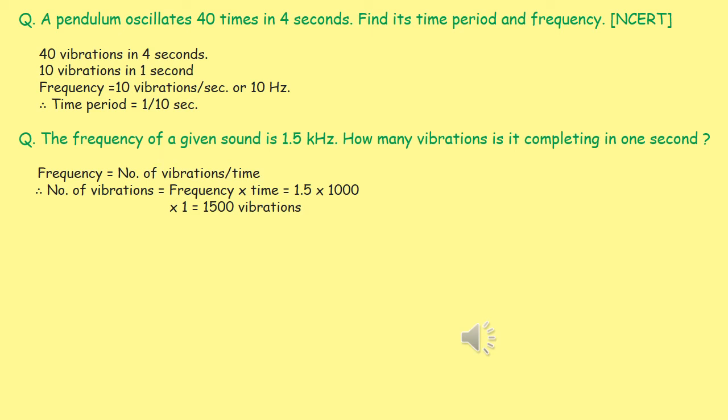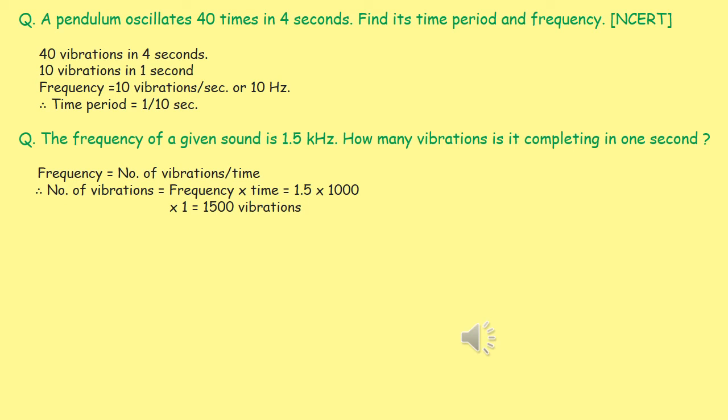We are using the unitary method here. The number of oscillations completed in 1 second is known as its frequency. So, frequency is 10 vibrations per second or 10 hertz. As we know that time period is the reciprocal of frequency, time period is equal to 1/f, that is 1/10th of a second.